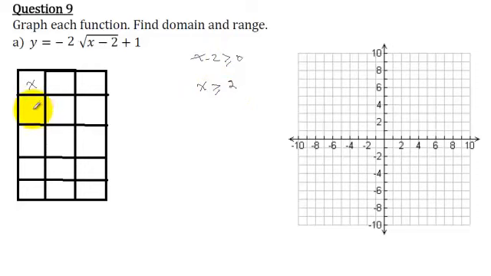Any point you take for x should be 2 or more. You cannot take points less than 2, because when you replace it in the radical, you'll get a negative, and the radical of a negative is impossible, so you will not have values. So the domain of definition of this function is all x values greater than or equal to 2.